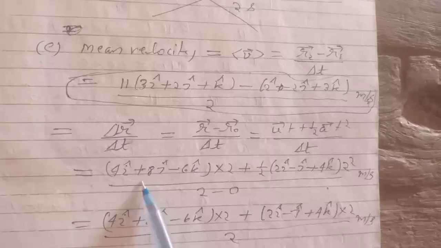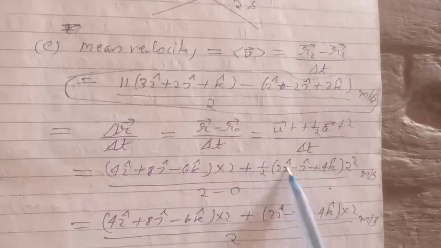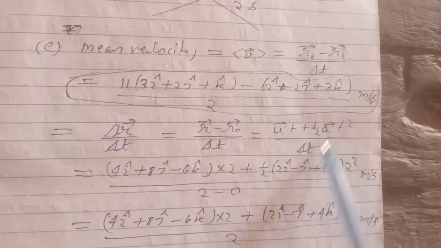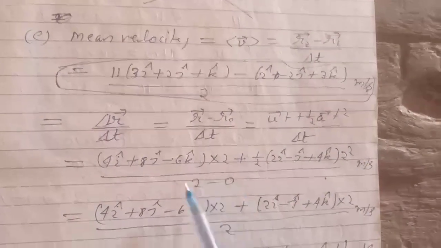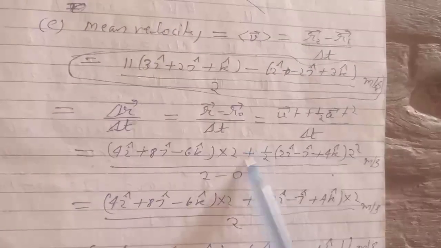So putting the value 4 i cap plus 8 j cap minus 6 k cap into 2, 1 by 2 a vector into 2 square by 2 minus 0, because time interval is 2 minus 0, here also 2 minus 0, to the whole square.